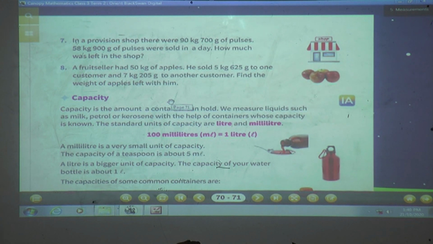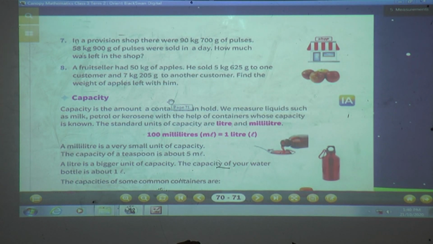See, what is the question? A fruit seller had 50 kg of apples. Initially the total weight of the apples was 50 kg. And he sold 5 kg 625 gram to one customer and 7 kg 205 gram to another customer. Find the weight of the apples left with him.